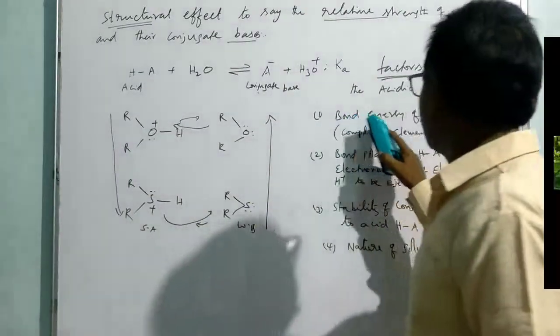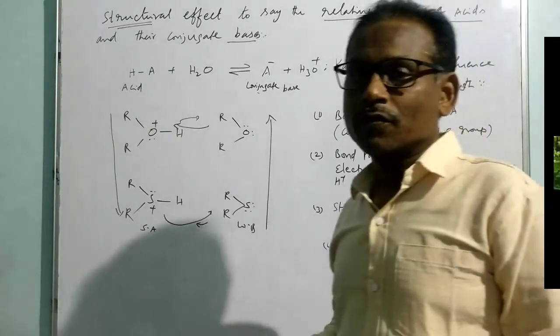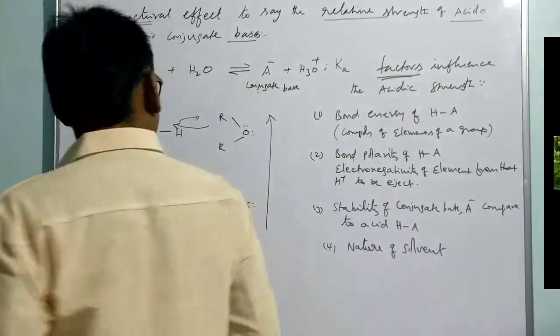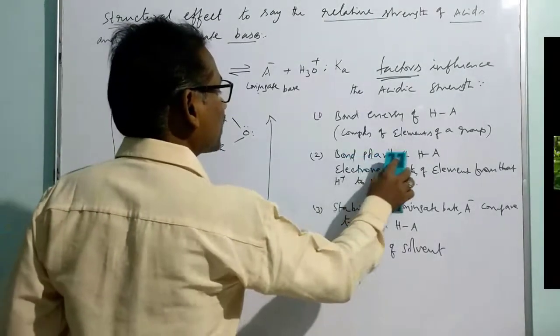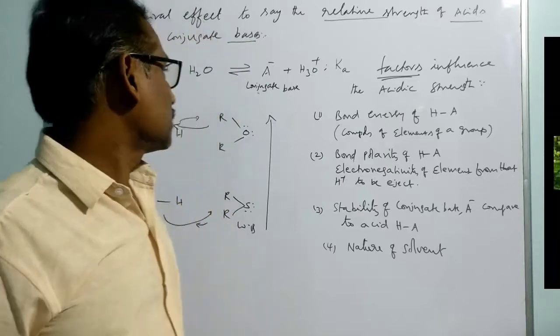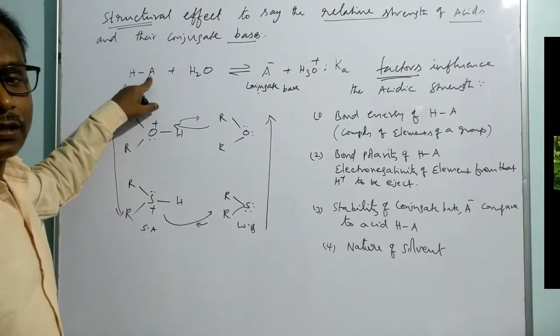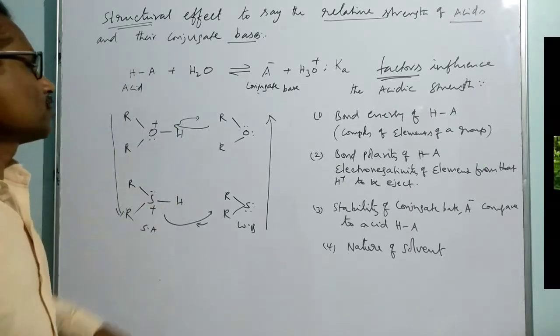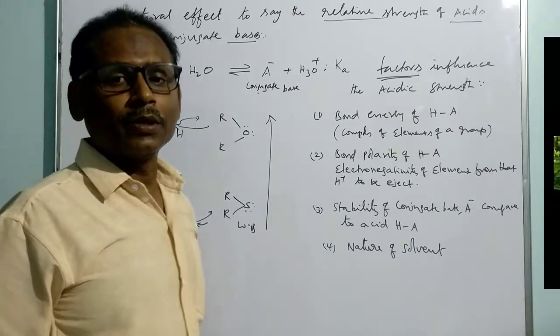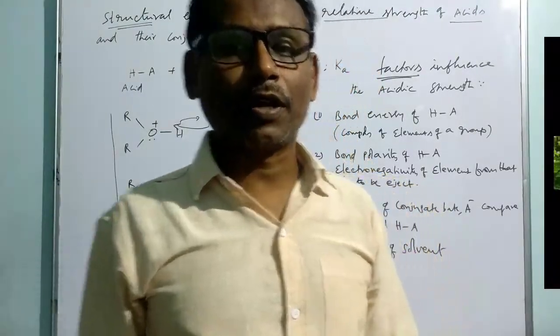So now in this way we can think about the first factor, which is helpful to answer a few questions. Now let me go to the second factor, bond polarity of HA. That means the hydrogen linked to a particular element of the acid. So the bond polarity normally depends on the hydrogen linked to which kind of element, and what about its electronegativity?